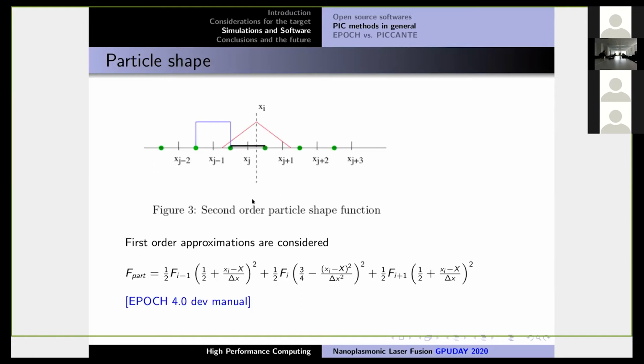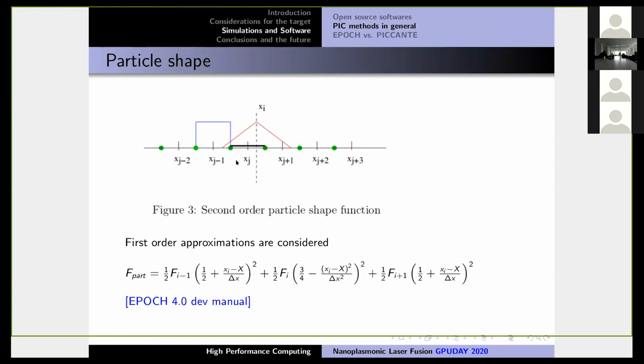However, the fields that are calculated, which will then be applied to the particle, take into account the shape of the particle, for which usually this triangle shape is used, which is the fastest one, meaning that it is fast but not that precise, but it is more precise than a top hat shape.